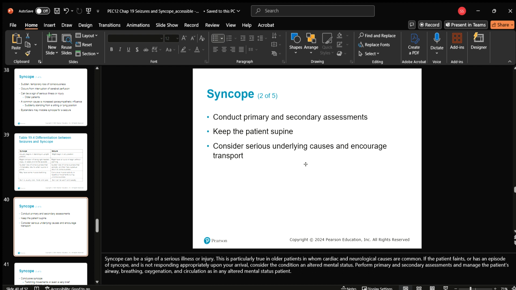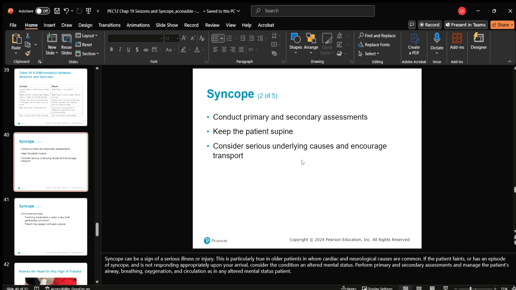Because if they fall, what might they hit? Their head. I want to minimize the injury to the head. Let's say someone has a fall and they're on blood thinners. What can happen? They can bleed out, especially if they hit their head. So, keep the patient supine.